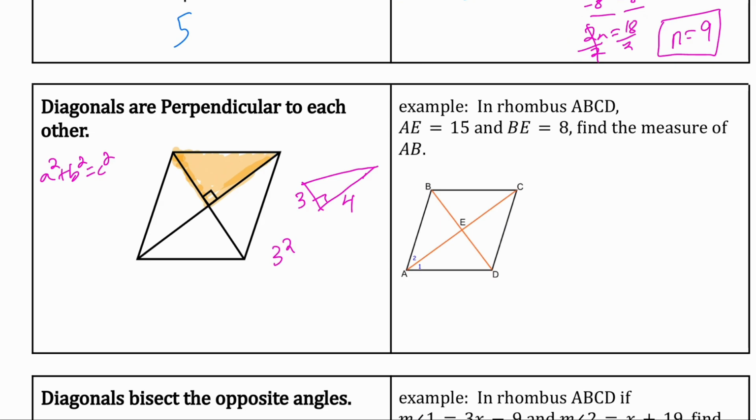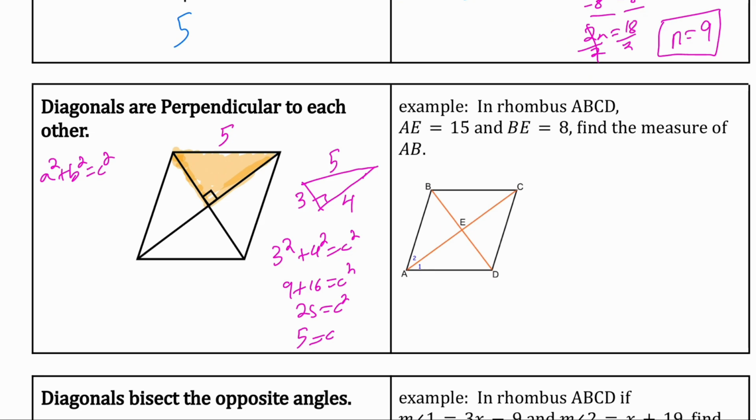And we could use the Pythagorean theorem to be able to find what that hypotenuse is. So 3 squared plus 4 squared equals c squared. 9 plus 16, so we get 25 equals c squared. And when we take the square root of both sides, we end up with 5. So again, it's a way to find that side measurement. It's a very common practice.